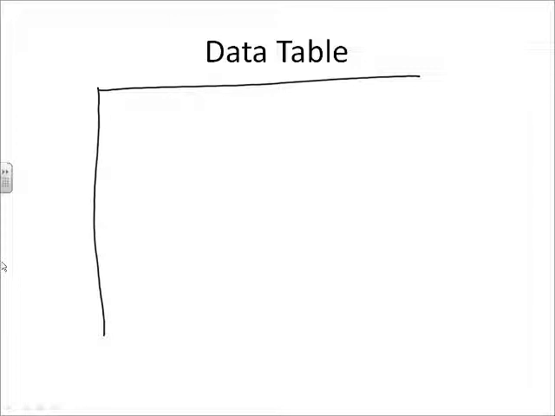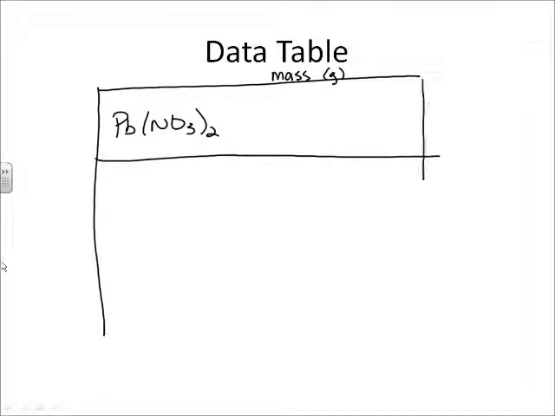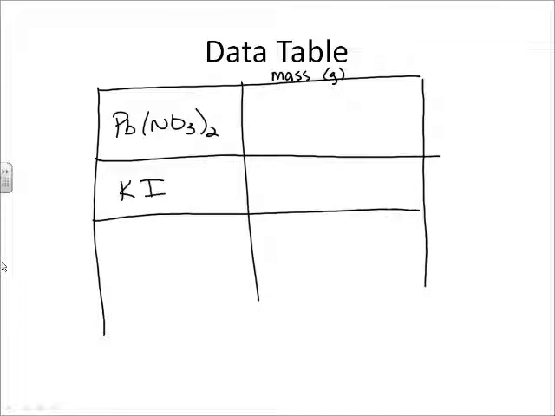One of them is going to be lead 2 nitrate, and we're going to measure that out in grams. Something else we're for sure going to need to measure out, our other reactant, potassium iodide. We're going to need to weigh that in grams.